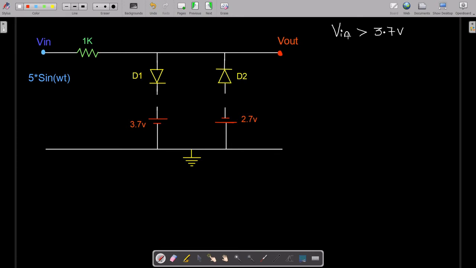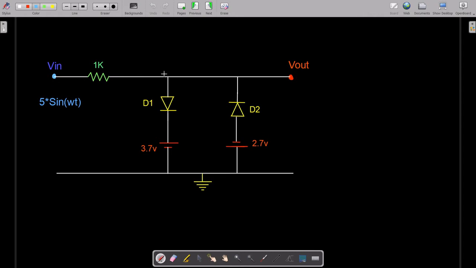Let's suppose we assume our V in is 4 volts. This is what we are assuming as of now, and here we will get plus 4 volts, okay. So now as you can see, here we are providing 3.7 volts and here we are providing 4 volts.